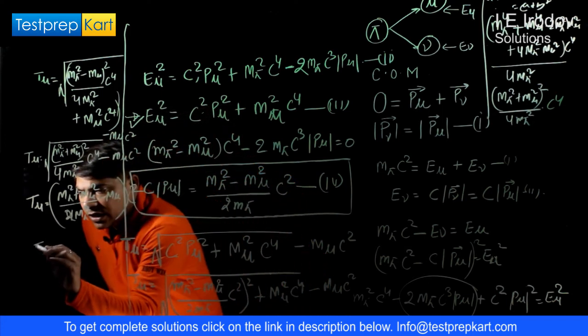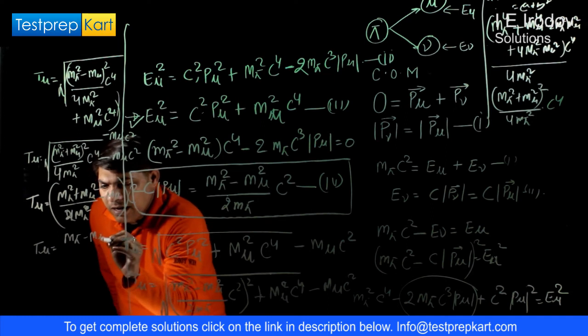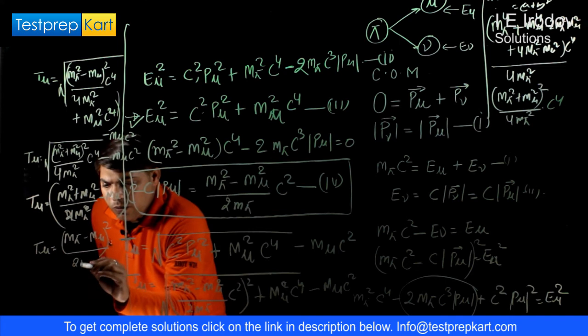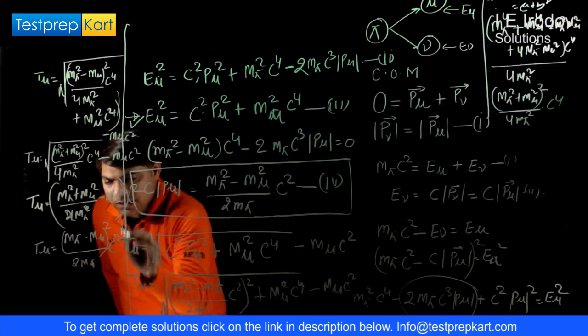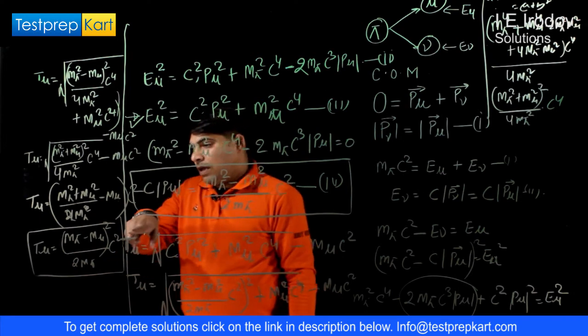So T_mu will become (m_pi minus m_mu) whole square upon 2m_pi into c². This is the final expression for the total energy.